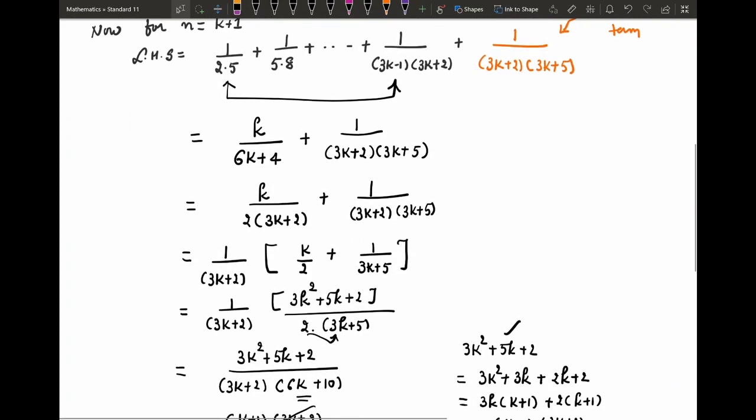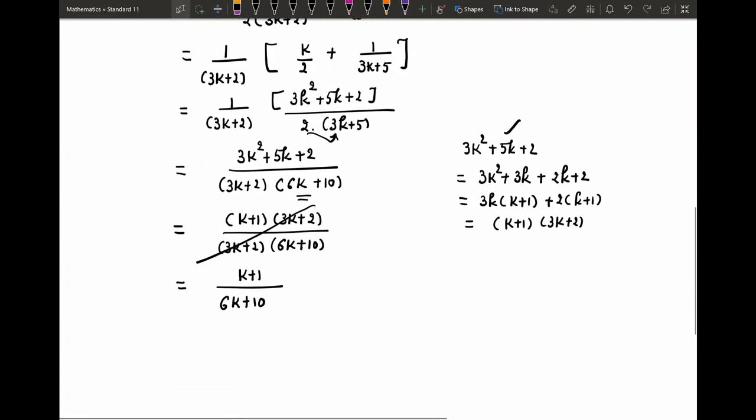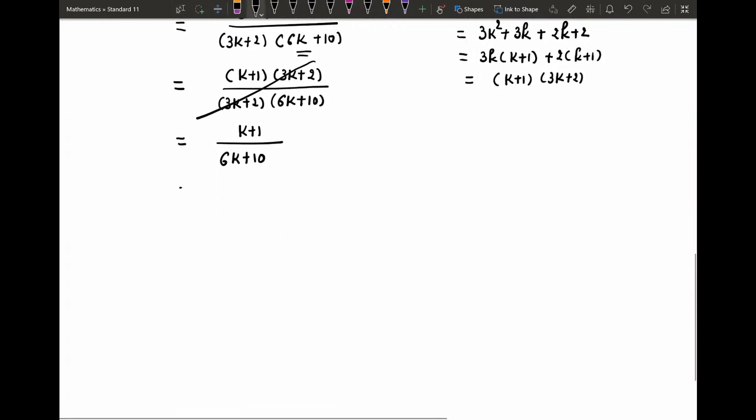So now we can claim that LHS equal to RHS. So result is true for n equal to k plus 1. That is P of k plus 1 is true.